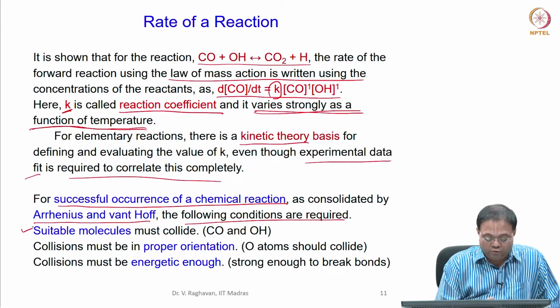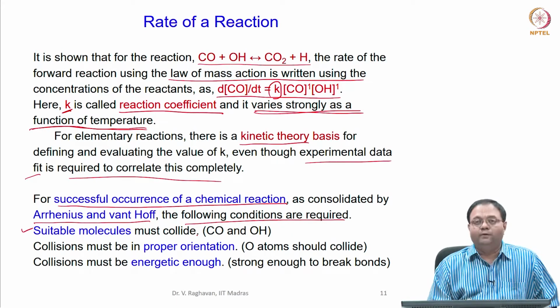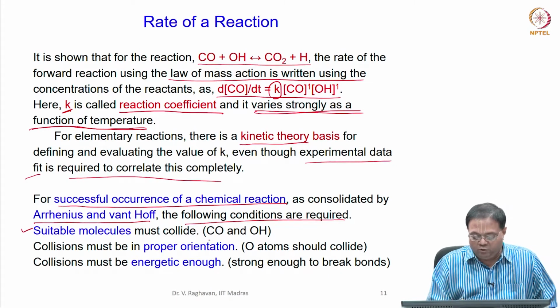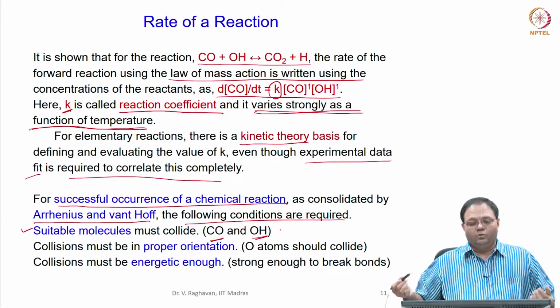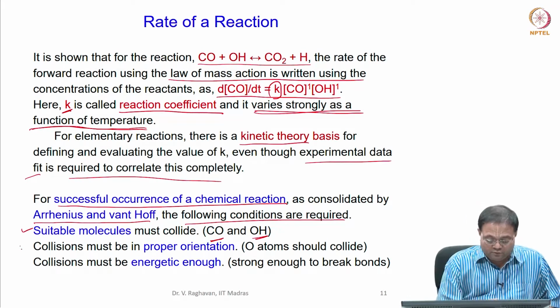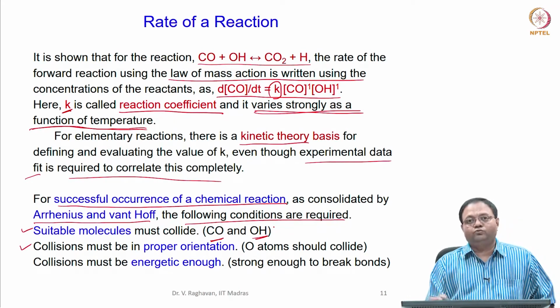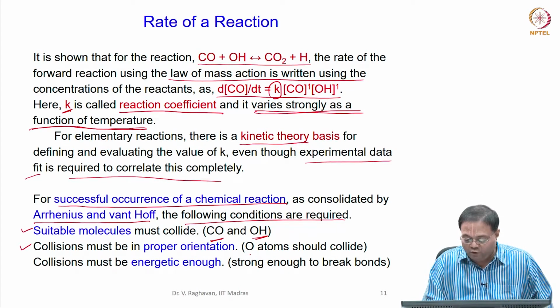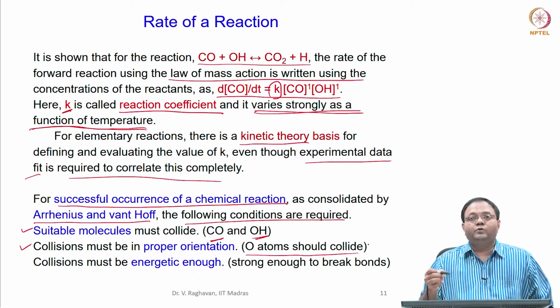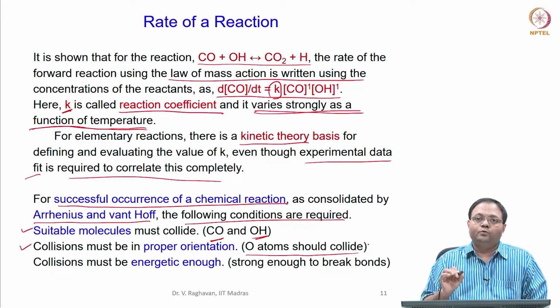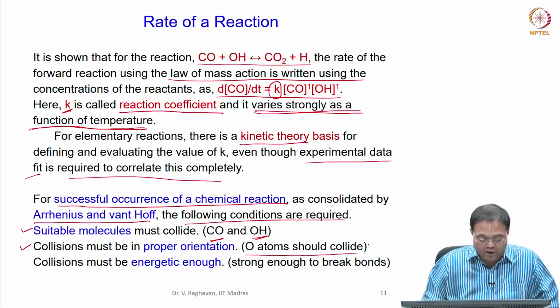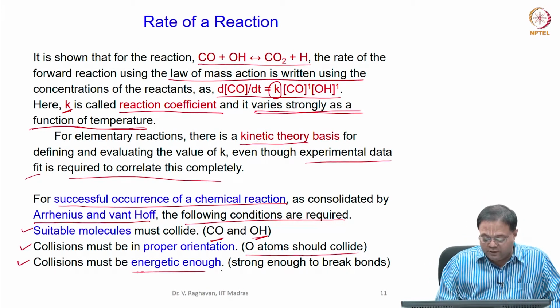First of all, suitable molecules must collide. For example, here CO and OH should collide. Collisions must be in proper orientation. So, CO and OH should collide such that the O atoms are involved in the collision. O atoms should collide with each other, and the collisions must be energetic.